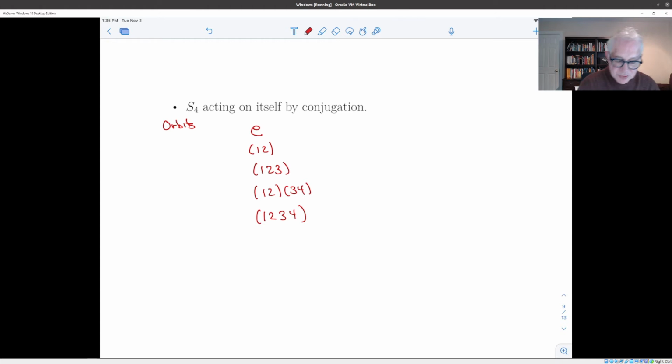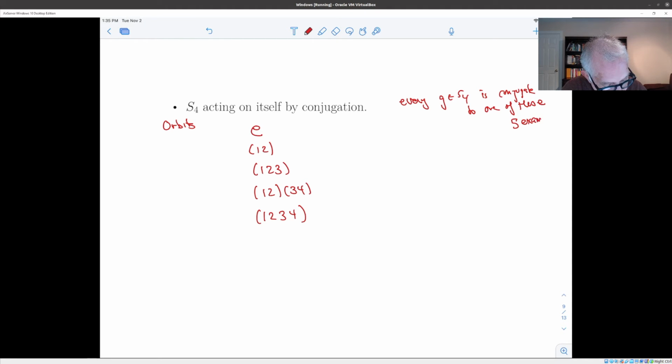And we know that every g in S4 is conjugate to one of these 5 examples.